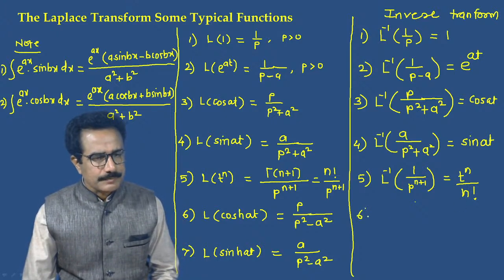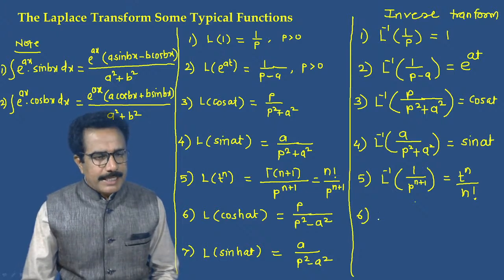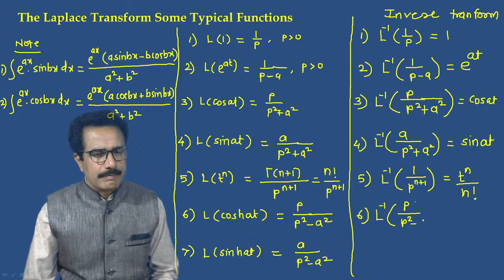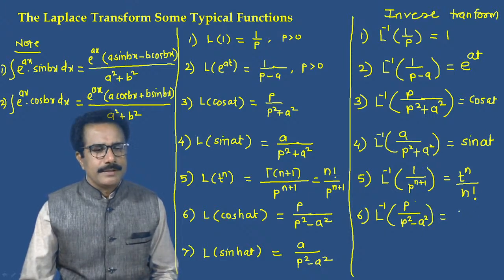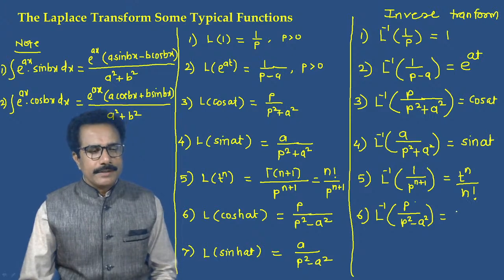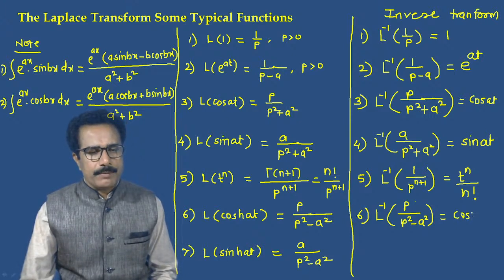Sixth, L inverse of p divided by p square minus a square is cos hyperbolic at.